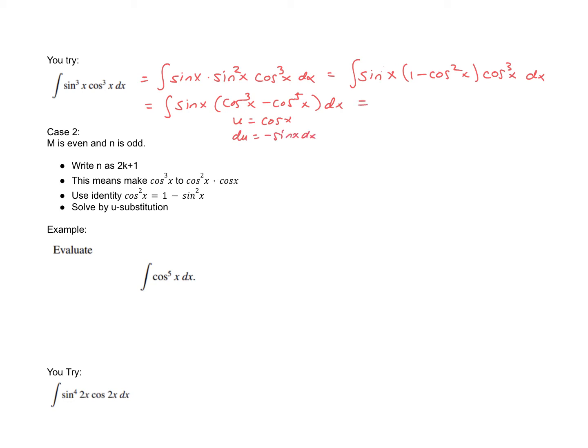So this integral will become negative now because you can see that sine x dx is equal to negative du. And then you go ahead and integrate, and put your cosine back in.